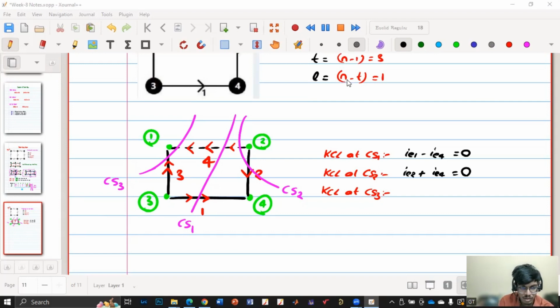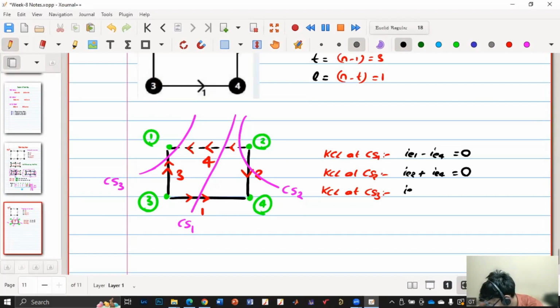Sir, IE3 plus IE4 is equal to 0, both will be positive. Yes, both will be positive because our twig current is positive. That is our convention. So twig current entering, entering is positive. Here also it is entering, so entering is positive. Kavya, is that clear? Yes, sir.